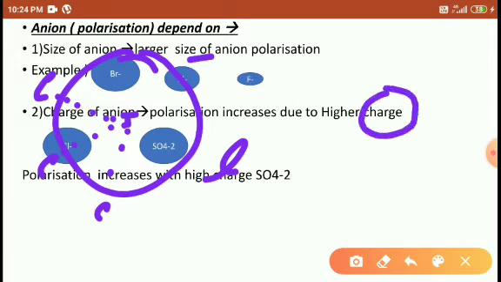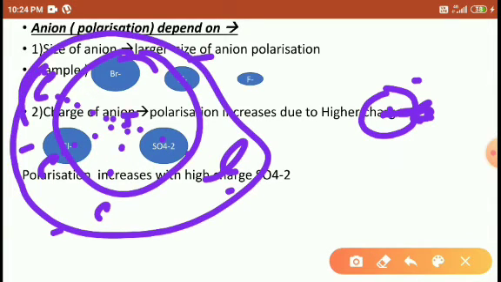In small anions, the attraction between the electrons and the nucleus is strong. In large anions the electrons are loosely bonded, so they are more easily polarized toward the cations.